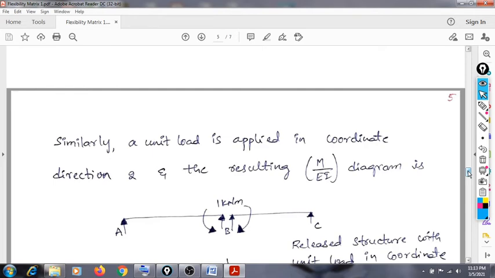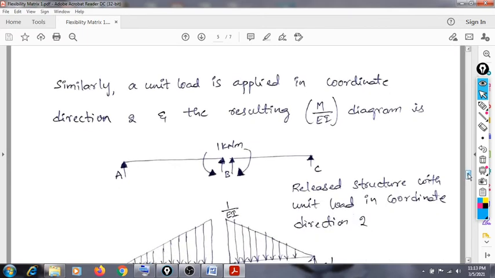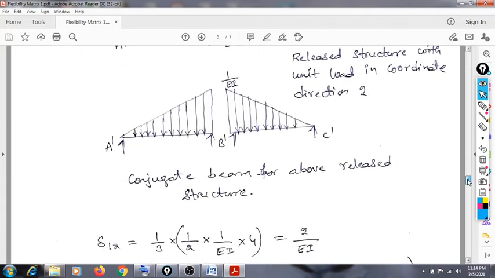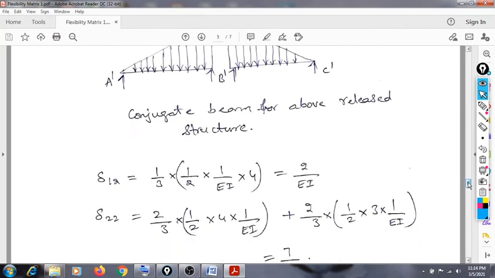Similarly, a unit load is applied in coordinate direction 2. So when we go for the second coordinate, that is the second column, we are doing the same procedure which we did for the first coordinate. So we have to draw the M by EI diagram in a similar fashion, and we have to find the displacements here.